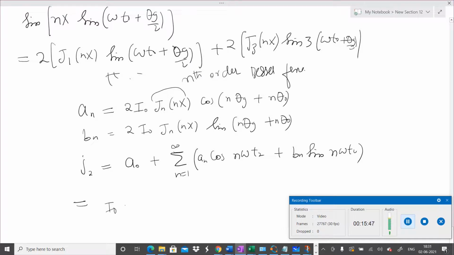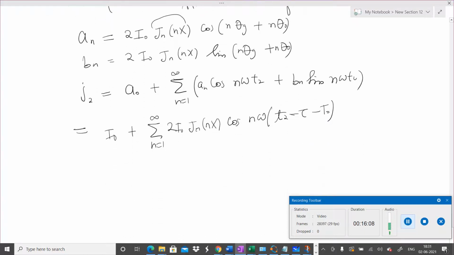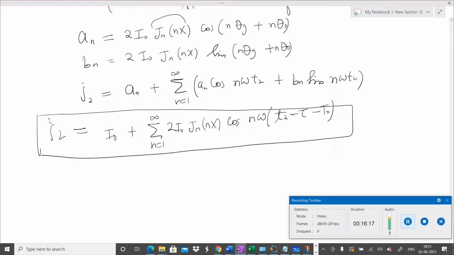So A naught is I naught, and the other terms are expressed in terms of Bessel function: 2 I naught Jn of nx cosine of n (omega t2 minus tau minus t naught). This equation gives you the current in the Buncher cavity I2, right?